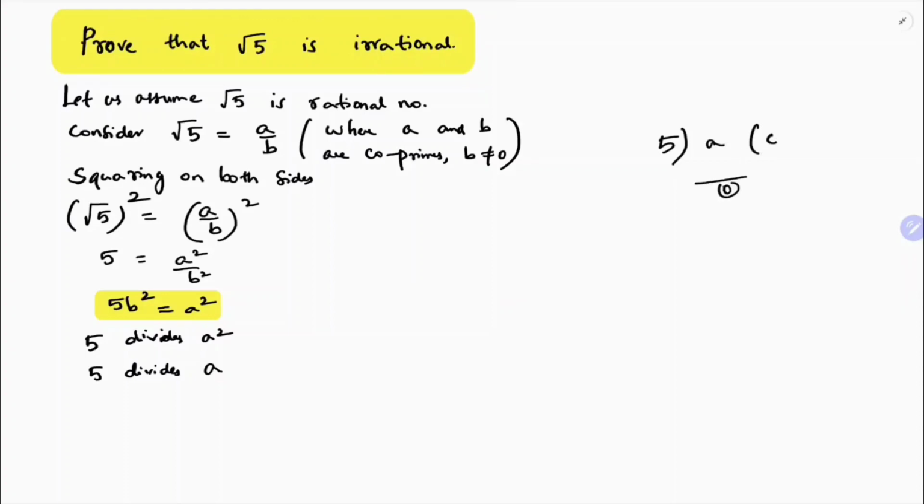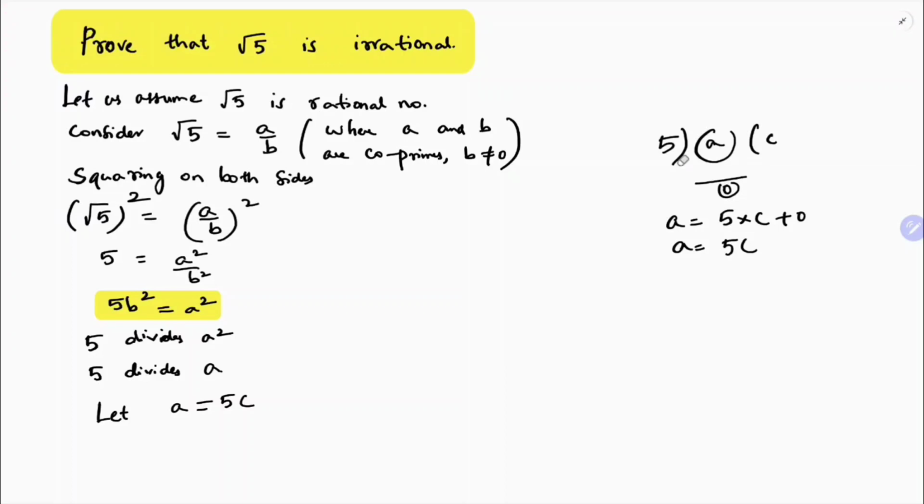Let the quotient be c. So let us consider a equals 5c, because according to the division rule, dividend equals divisor into quotient plus remainder. So a equals 5c.